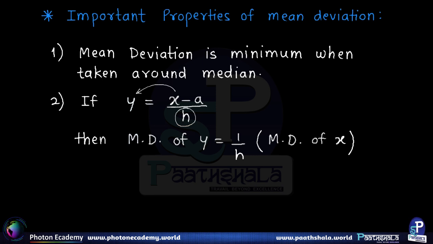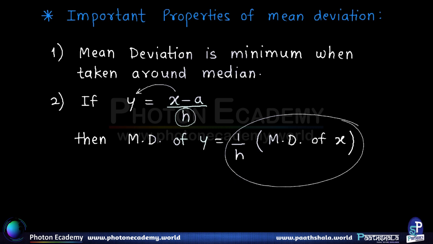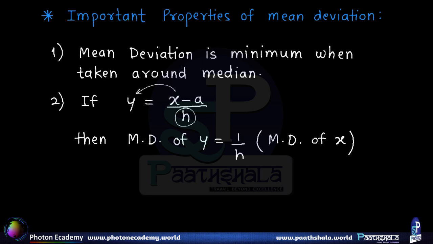That is, the mean deviation is affected only by the change of scale, but it is not affected by change of origin, because if you see in the formula there is no mention of this a. So that means it does not matter which assumed mean we use while doing the step deviation. All it matters is the scaling factor h. So these are the important properties of mean deviation.